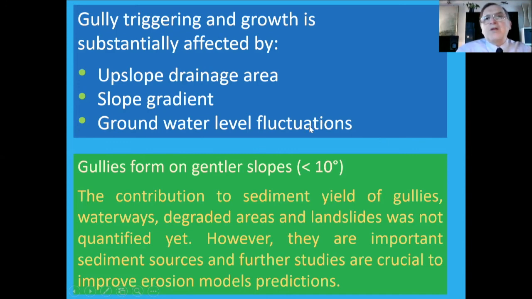So they should be included in soil erosion models and also in hydrological models. Since they are not considered up to date in these erosion models, we need to improve the knowledge on these waterways, sources of water and sediment, and transfer of sediment. So we need more investigation on this topic.